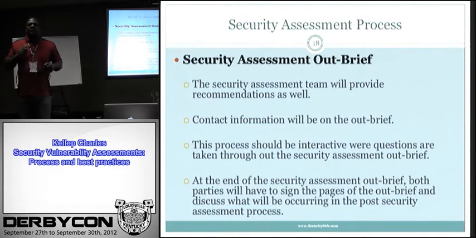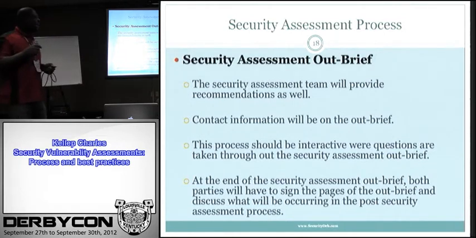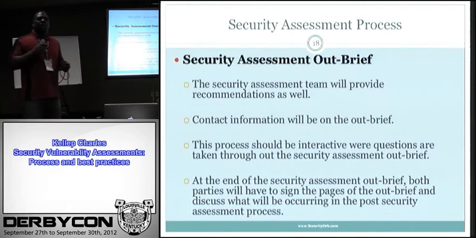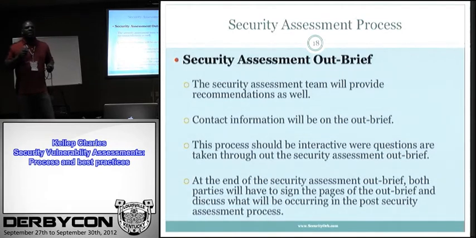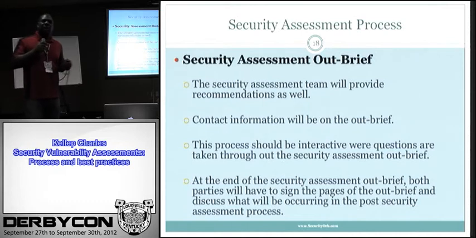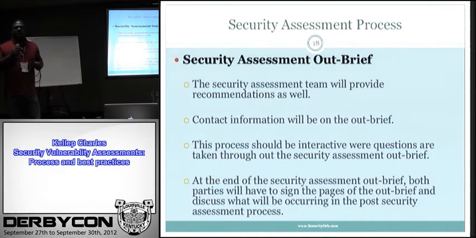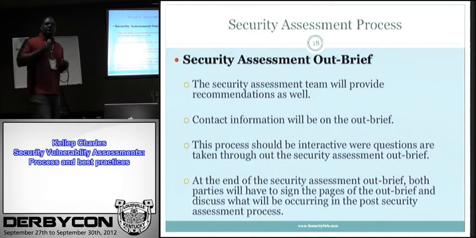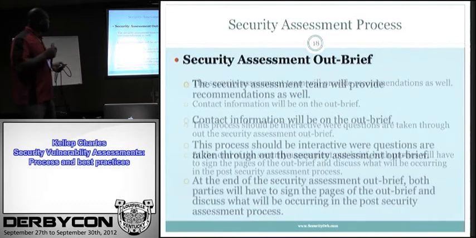At the end of the Outbrief, the document is signed. We provide the site that's been assessed about 30 days to fix any additional outstanding findings before we mail or provide the documents to the management, both on our side and the other side.